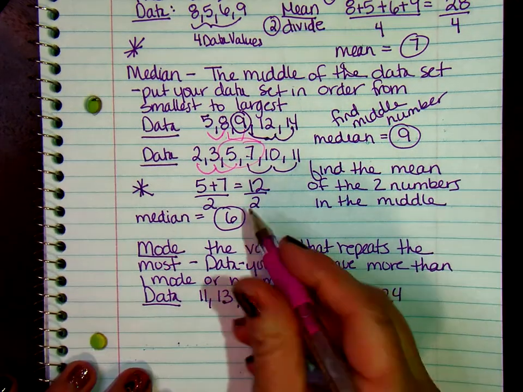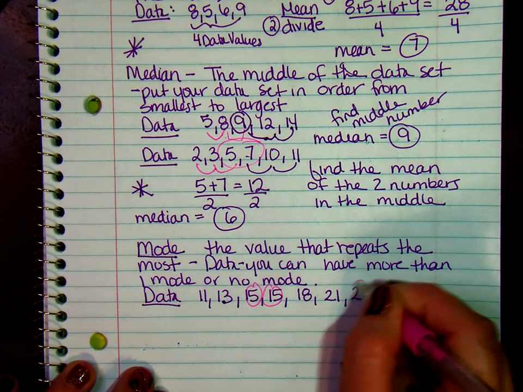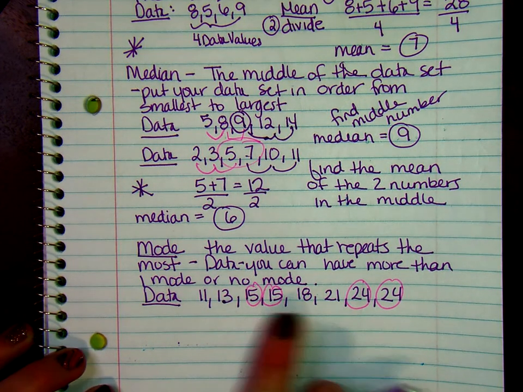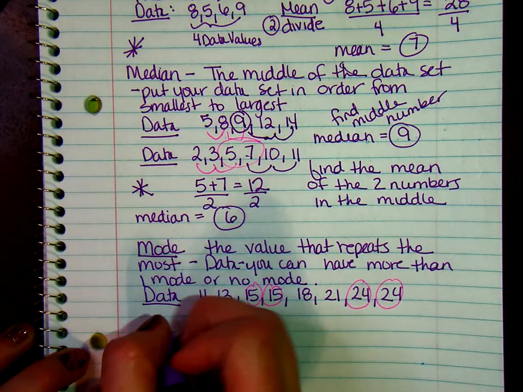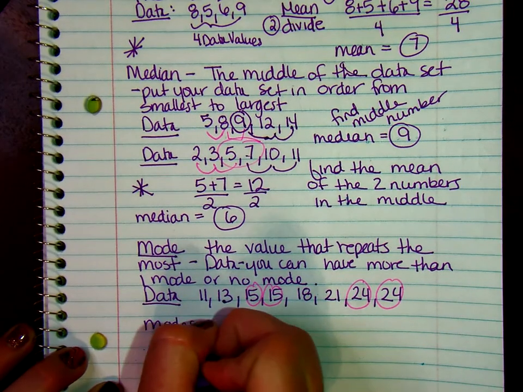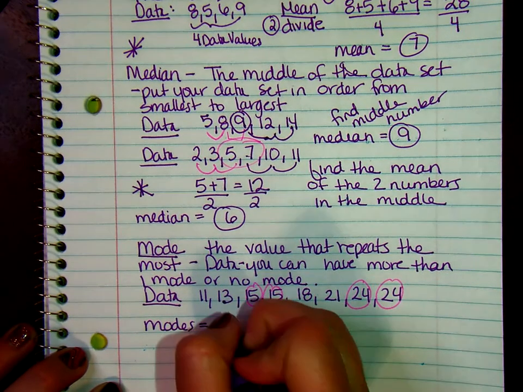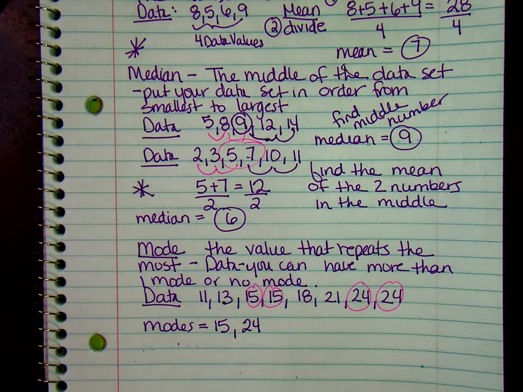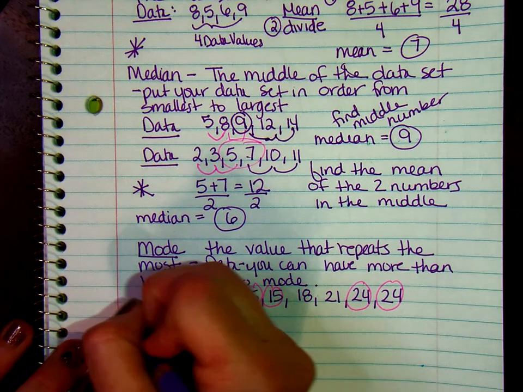Well, we have a 15, 15, 24, and 24. We have 2 sets of numbers that repeat, and they both repeat the same amount, so our mode, in this case, our modes, equals 15 and 24. They repeat the most frequently. This is also important.